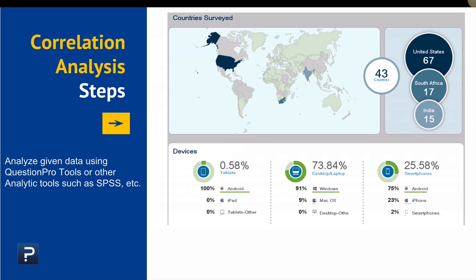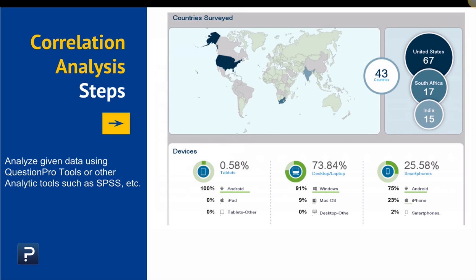In this case, I have over 43 countries participating, and I have a fairly decent amount of people taking it on desktops, but I also have a few people on smartphones, about 25%, and less than 1% was on a tablet.